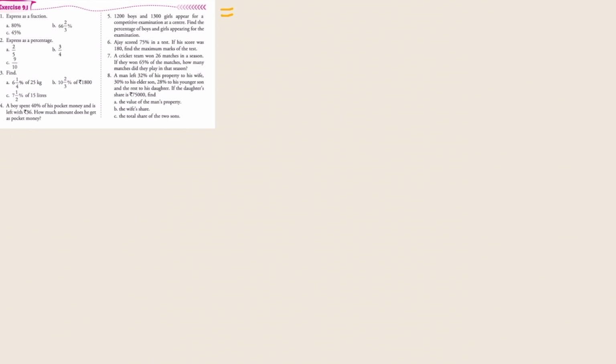If the daughter's share is 75,000, find the value of the man's property, the wife's share, and the total share of the two sons. Okay, let the man's property be X.